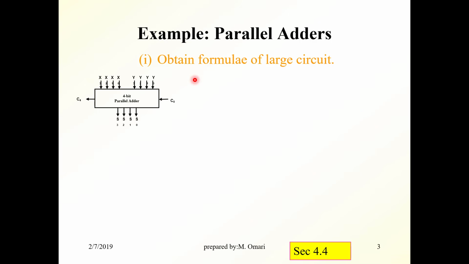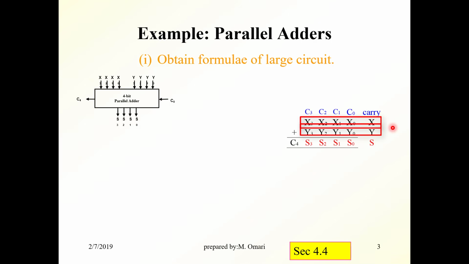Okay, let's decompose the problem to obtain the formulas for the large circuit. The two numbers that we want to add, X and Y, can be added by adding these 3 bits together: the Cn, which is this one, the first bit of X, and the first bit of Y, to get a sum, S0.